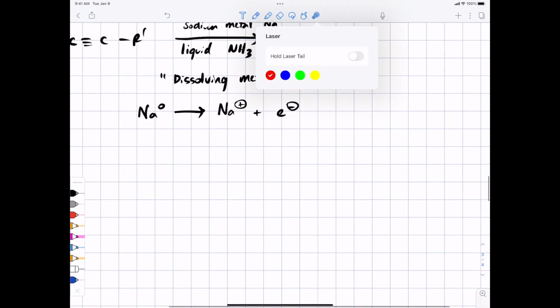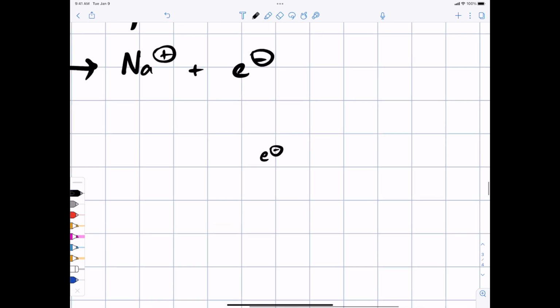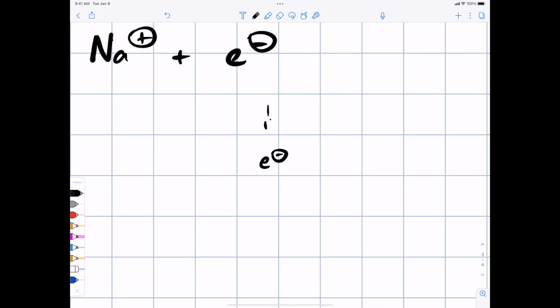What does it mean to eject an electron into the solution? First, I don't know, but second, it probably is like this. You maybe have an electron surrounded by the partially positively charged hydrogens in ammonia.